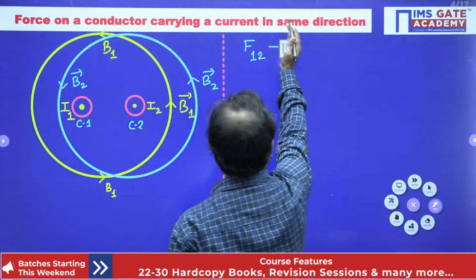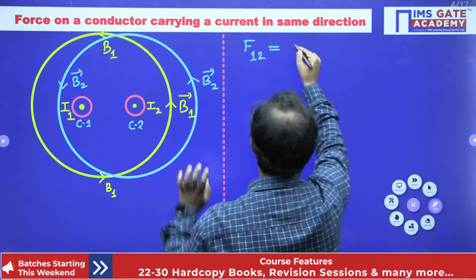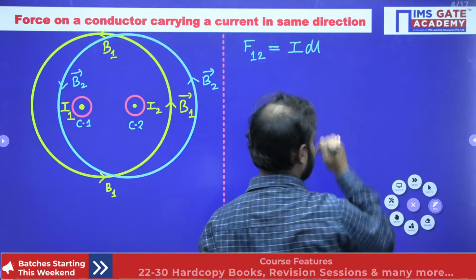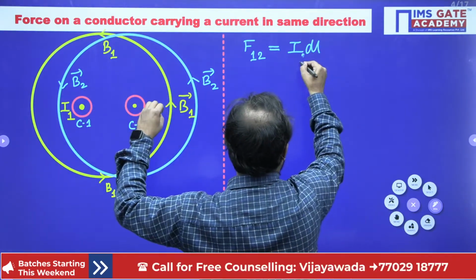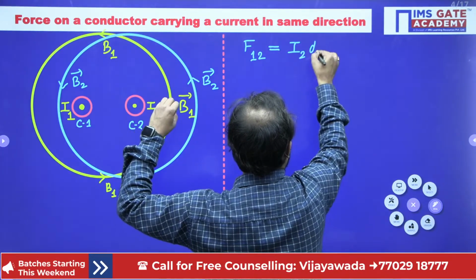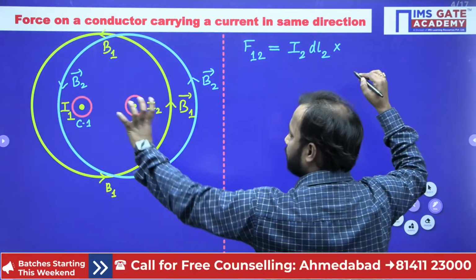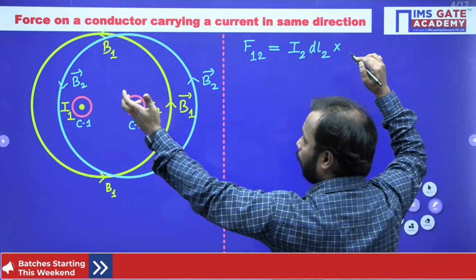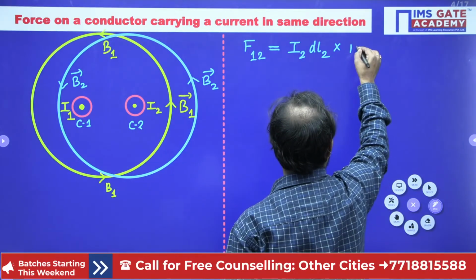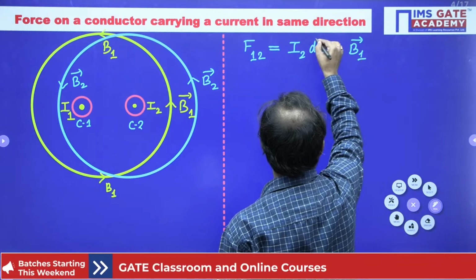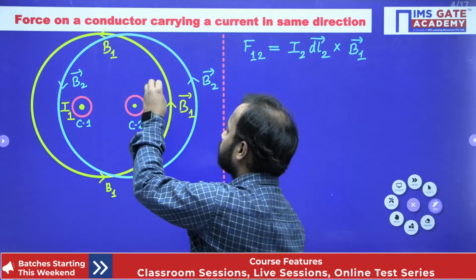Now this is equal to the current element of the second conductor, I dL, cross B. Please remember the formula I dL cross B. So the current element of the second conductor is I2 dL2, the length of conductor 2, cross the magnetic field density of conductor 1, which is B1 here. So this magnetic field B1 exerts a force on conductor 2.